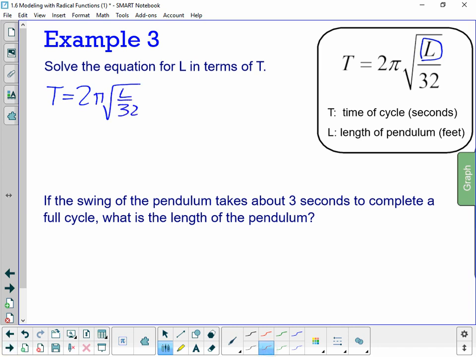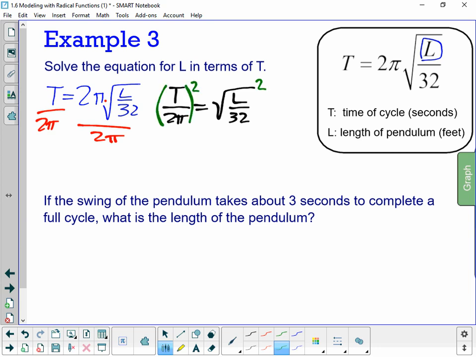So we would probably start, we don't have the radical by itself right now, it's being multiplied by 2 pi, so we would start by dividing by 2 pi. So now we have the equation T over 2 pi is equal to the square root of L over 32. The radical is now isolated. So we can now do a power of 2 to both sides of the equation.